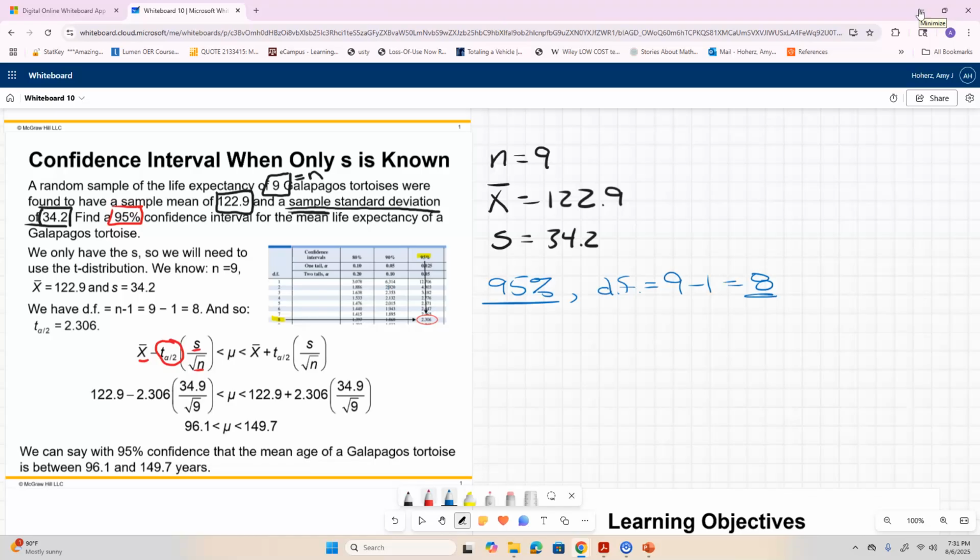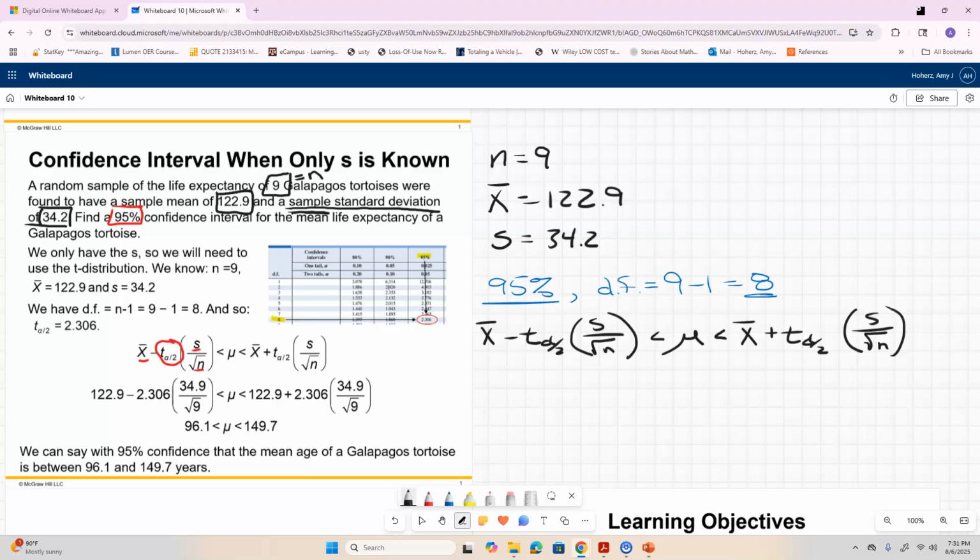We've got x bar minus t sub alpha over 2 times s over square root of n, and that should be less than our actual population mean, and then that should be less than x bar plus t sub alpha over 2 times s over square root of n.